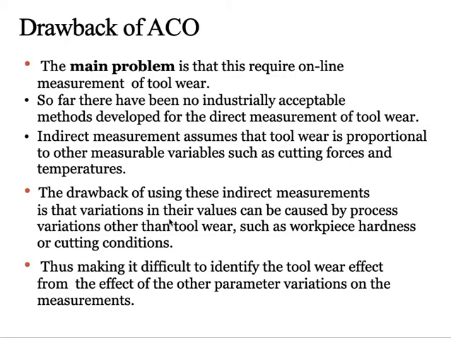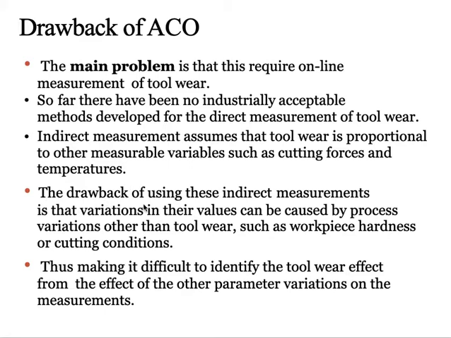What is the drawback of ACO, adaptive control optimization? The main problem is that this requires online measurement of tool wear. So far there have been no industrially stable methods developed for the direct measurement of tool wear. Indirect measurement assumes that the tool wear is proportional to other measurable variables such as cutting forces and temperatures.